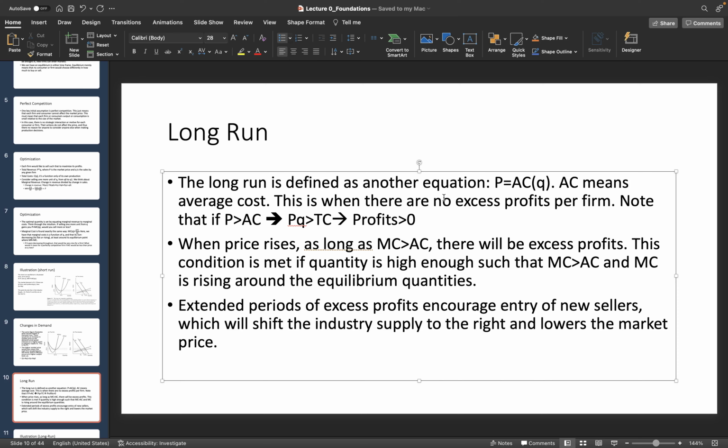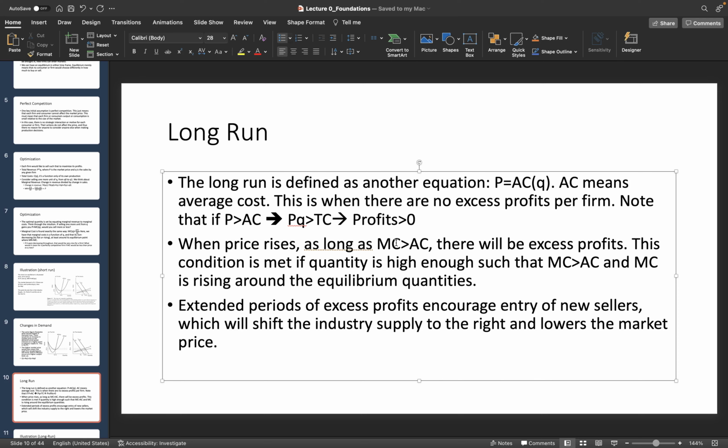but we will basically assume this for now, and we'll see that it's necessary later. There will be excess profits. When price rises, as long as MC goes up, there will be excess profits because prices should equate MC. Under equilibrium, P is equal to MC.